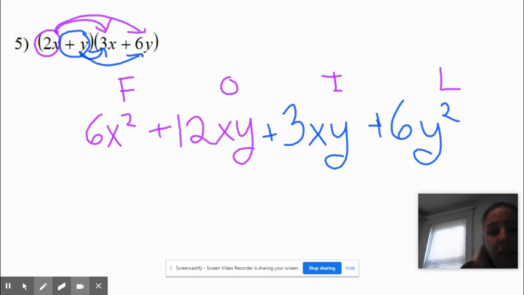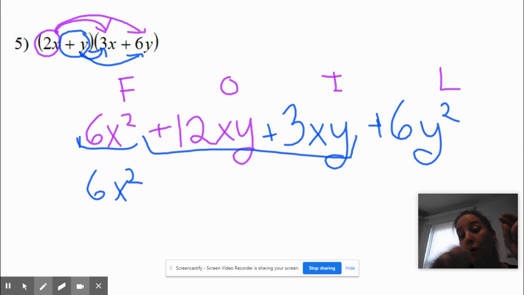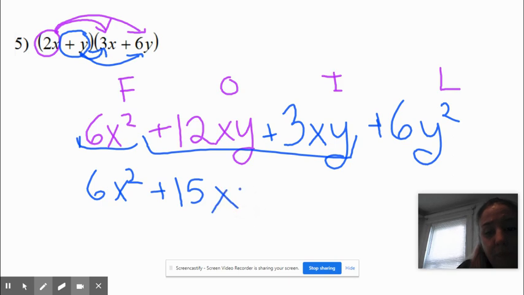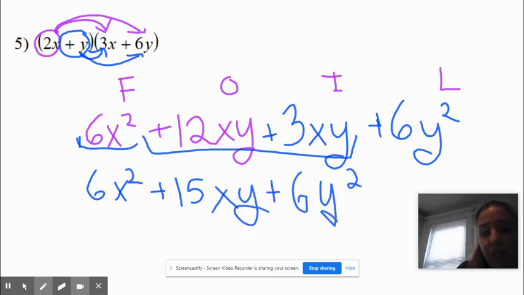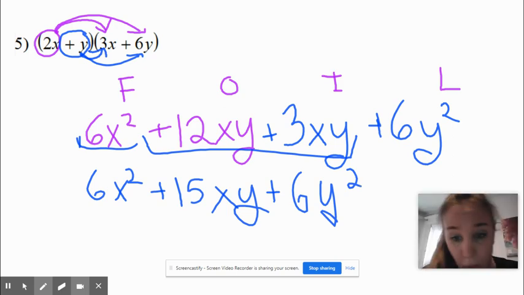All right, so there's only this one x squared term, so he can just come down. But I can combine the 12 and the 3 because they are both xy. Those are like terms. So 12 plus 3 is 15. And this positive 6y squared just comes down. So 6x squared plus 15xy plus 6y squared.